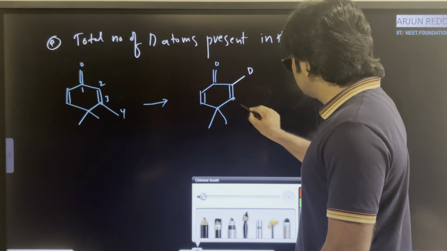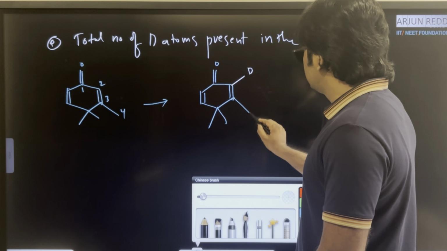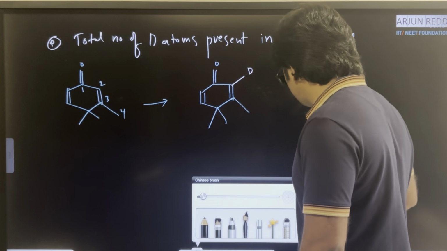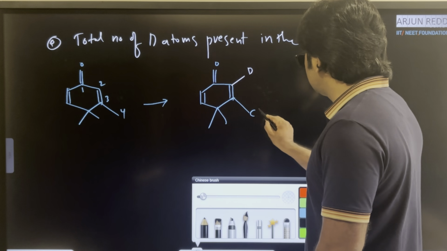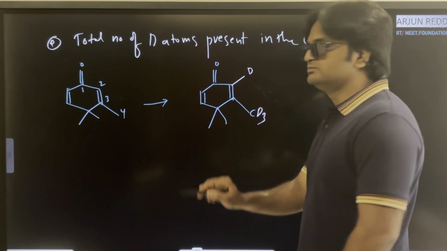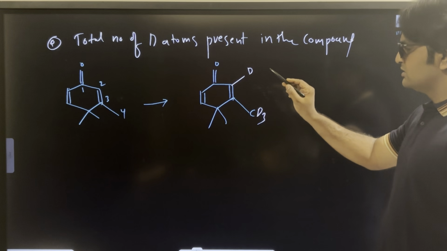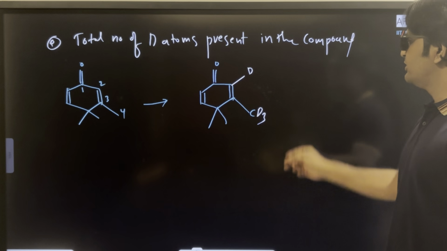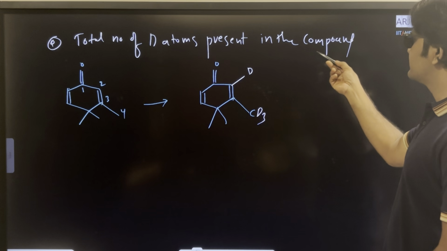Next one here, CH3: in place of 3 hydrogen atoms, you will get 3 deuterium atoms, CD3. So according to the given question, how many hydrogen atoms replaced by deuterium are in the given compound? Total number of deuterium atoms present in the given compound.